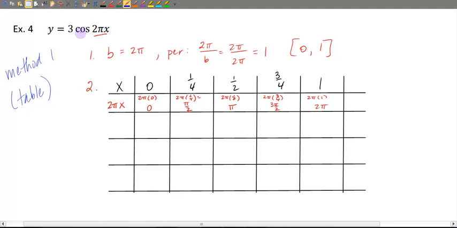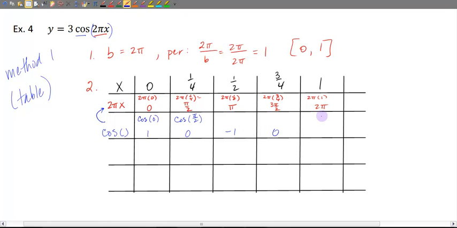So I took care of this portion first. Next, I'm going to say, what is the cosine of that? So it's the cosine of what I just found in that row right there. The cosine of 0 gives me back 1. The cosine of pi over 2 should give me back 0. The cosine of pi is -1. The cosine of 3 pi over 2 is 0.